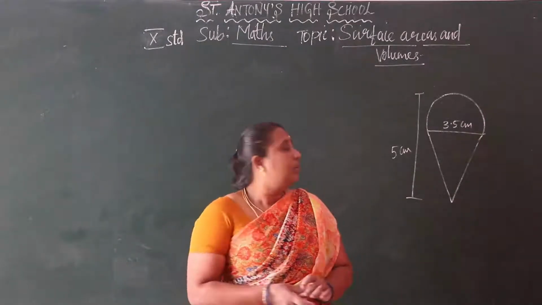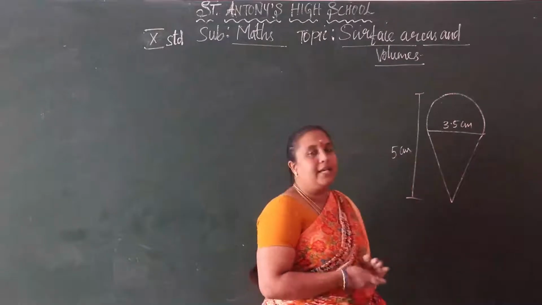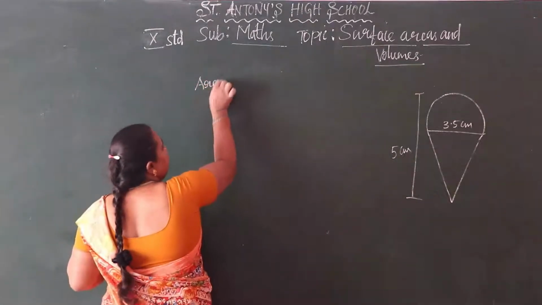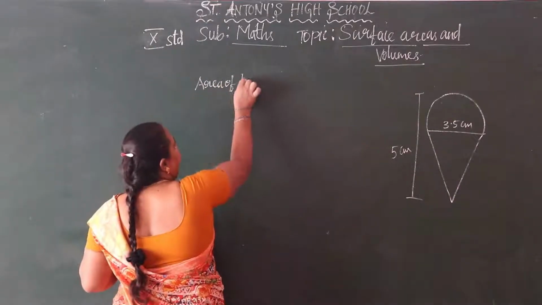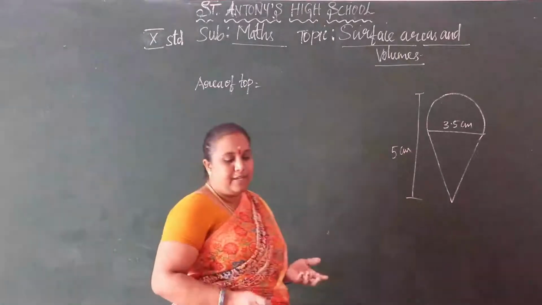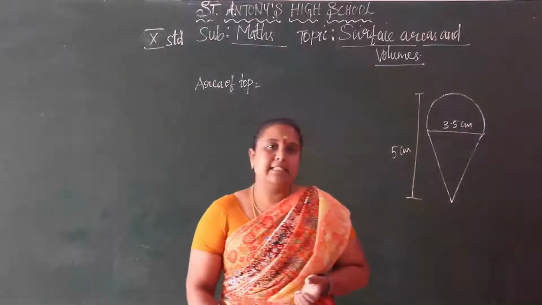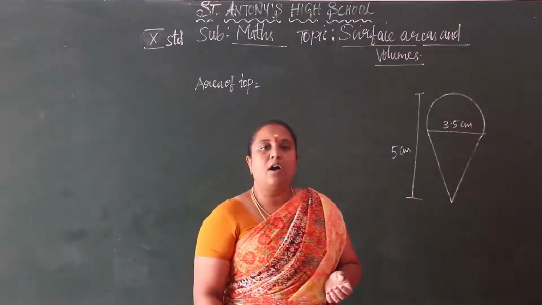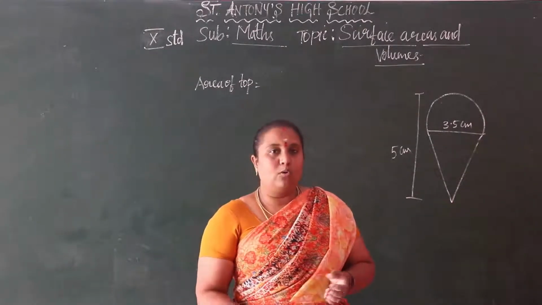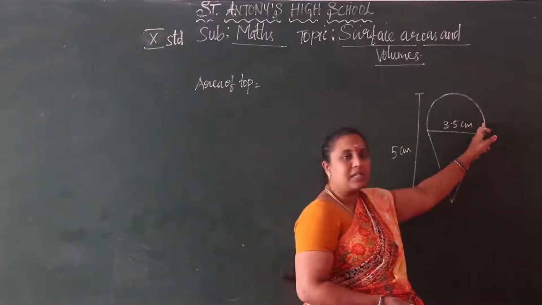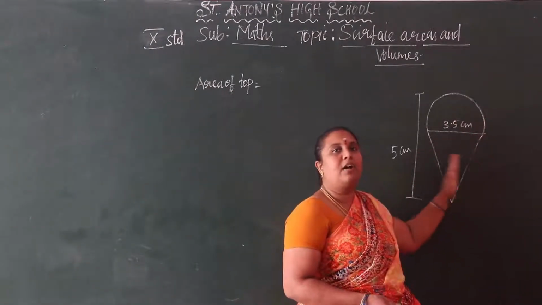So the area of top equals the surface area: the CSA of hemisphere and the CSA of cone. That is, the curved surface area of hemisphere first and then the curved surface area of cone.